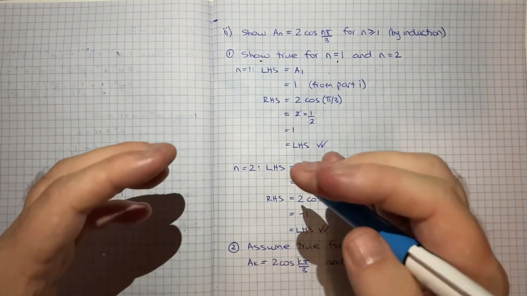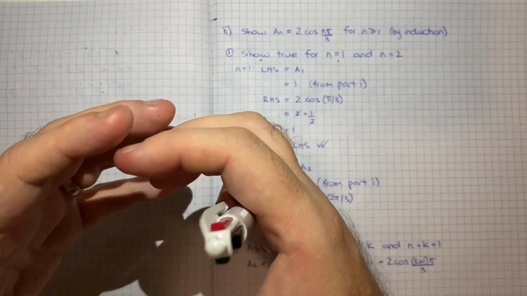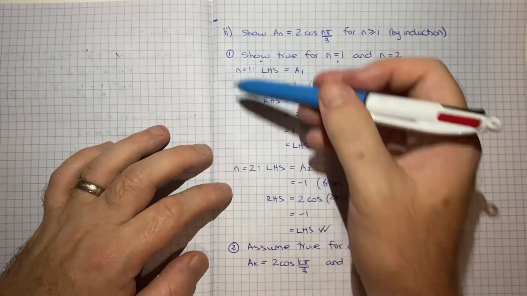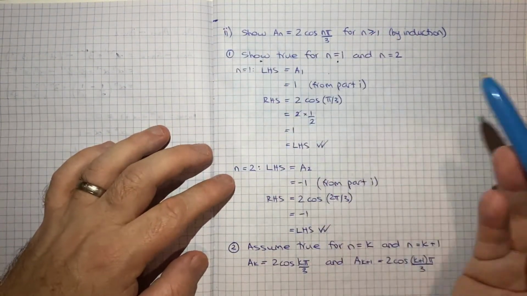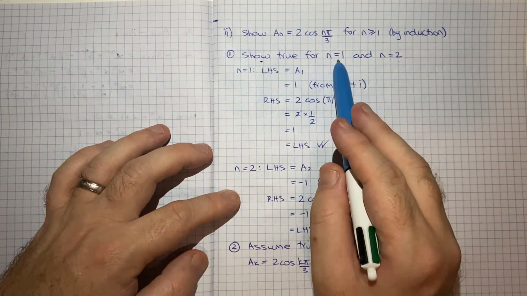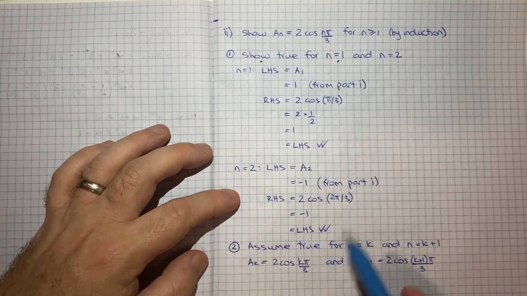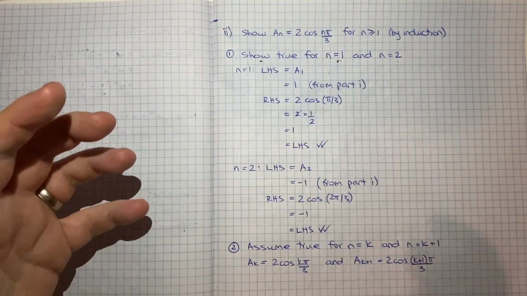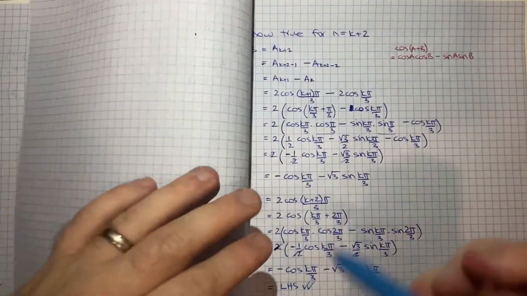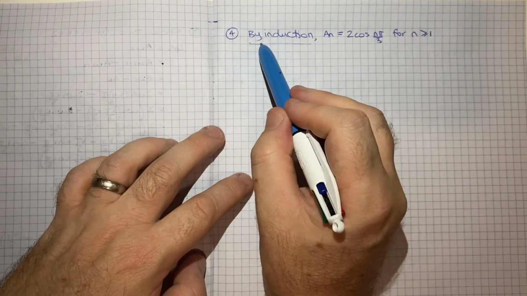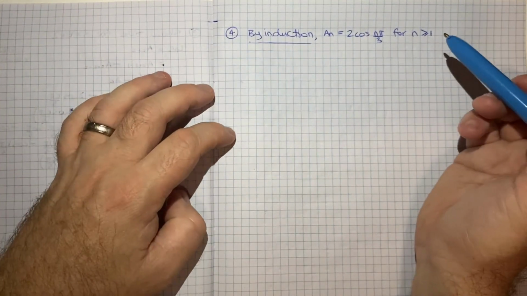We're just making our steps have 2 bits to each step of the induction. So instead of showing true for n is 1, we do it for n equals 1 and 2, and assume true for n equals k and k plus 1. And with those building blocks, we can then show the next incremental step and then make use of the logic of induction to draw our conclusion.